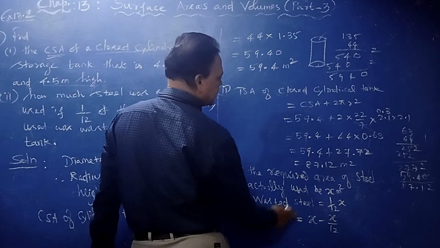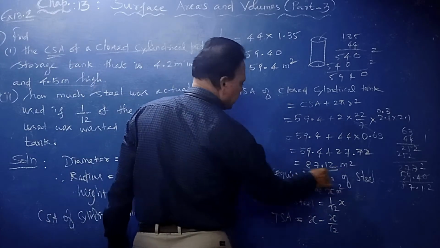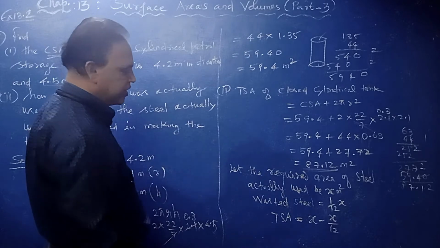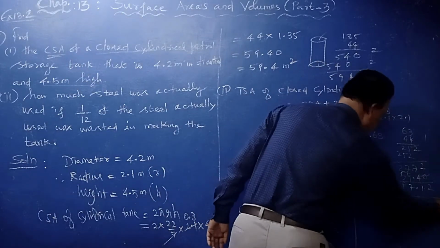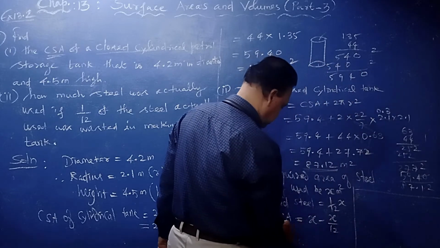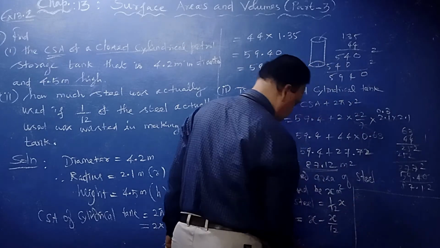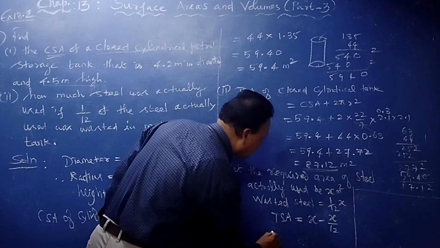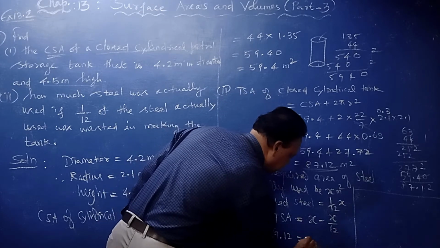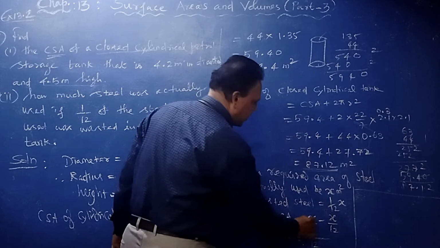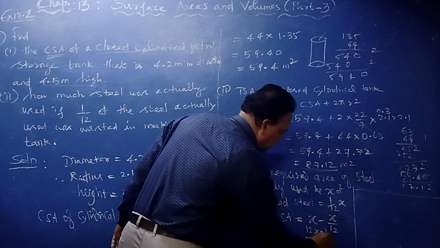Understand? Therefore, you take LCM. Here TSA you have, this one you substitute. TSA, that is 87.12 equal to, take LCM 12, means 12x minus x.